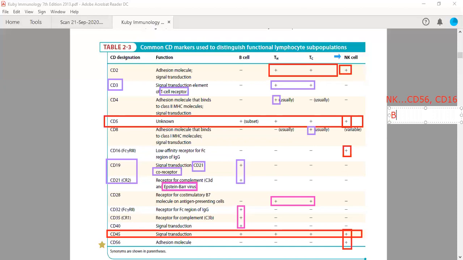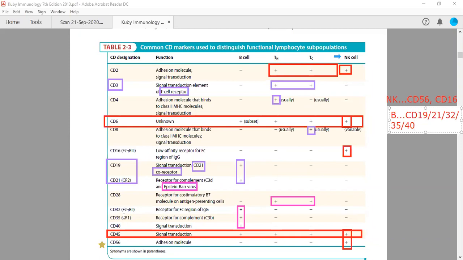Second, in terms of B cells, B cells have CD19, 21, 20, 32, 35, and 40. All these are present in the B cells.